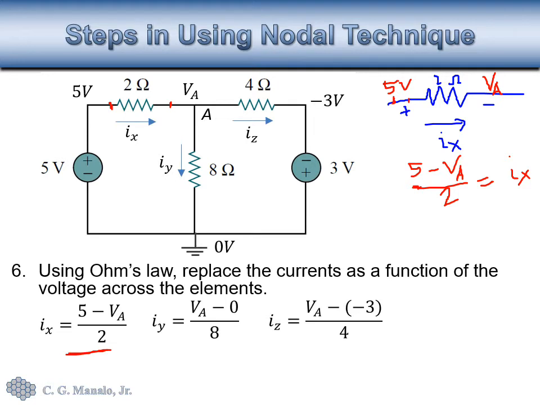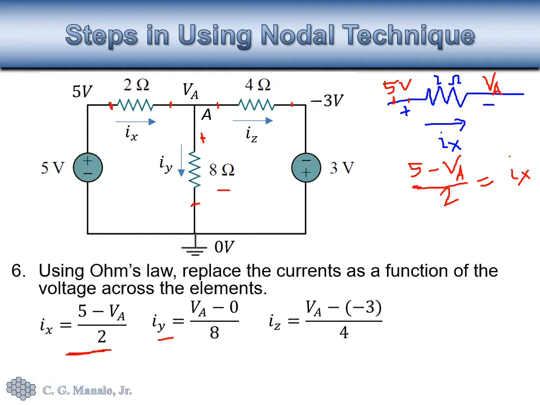So doing the same for 8 ohms, the potential here minus the potential here. So the potential here is VA minus the potential here, which is 0, divided by 8. That should be I sub y. For I sub z, the potential here minus the potential there.